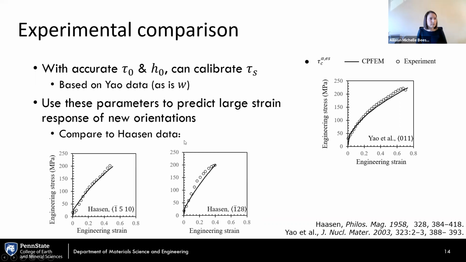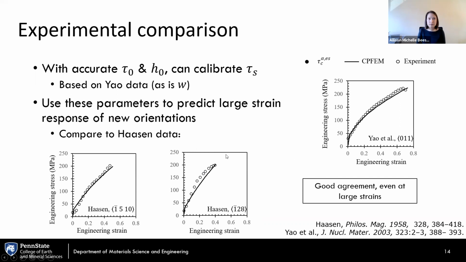But if we now compare to the Hassan data, which was not used for fitting, we're able to capture the large strain behavior in these 2 different directions. So this means that by incorporating first the dependence on edge dislocations, we can get information about the small strain, but then to predict the large strain deformation of these materials, we need to account for the fact that screw dislocations play a role. So having these different sort of interactions at far field and near field.